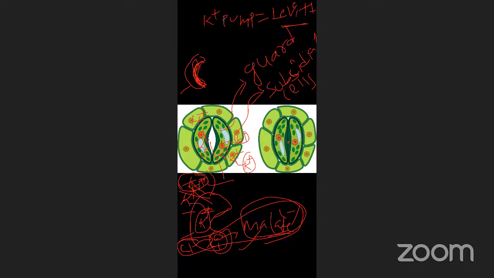Now tell me, where is high water potential? Subsidiary cell or guard cell? Guard cell, sir. High water potential means negative or positive? Positive. Where is the positive in the guard cells? Is Cl minus positive or negative?